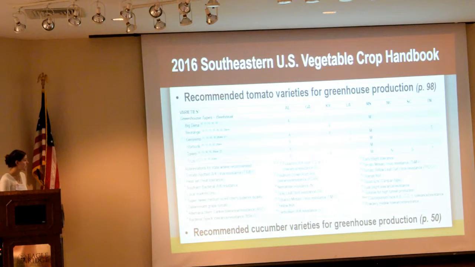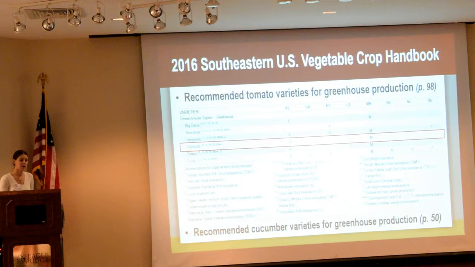This is for greenhouse types. And if you go through here, you can see all the ones with the letter M are those that are recommended for production in Mississippi. And then if we look at Starbuck, you can see all of these numbers around here. I mentioned resistant varieties.